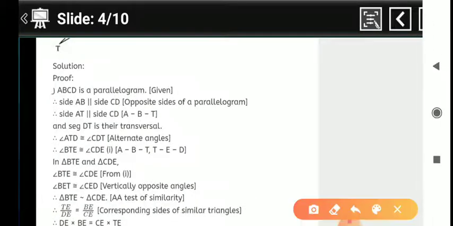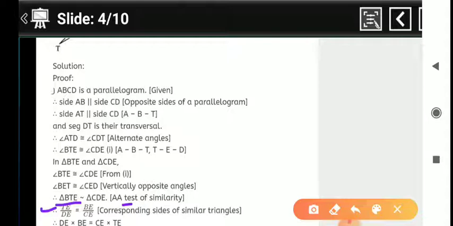Therefore triangle BTE is similar to triangle CDE. And if two triangles are similar, then we can take the ratio of their sides in proportion. So the ratio is T upon D is equal to B upon C.